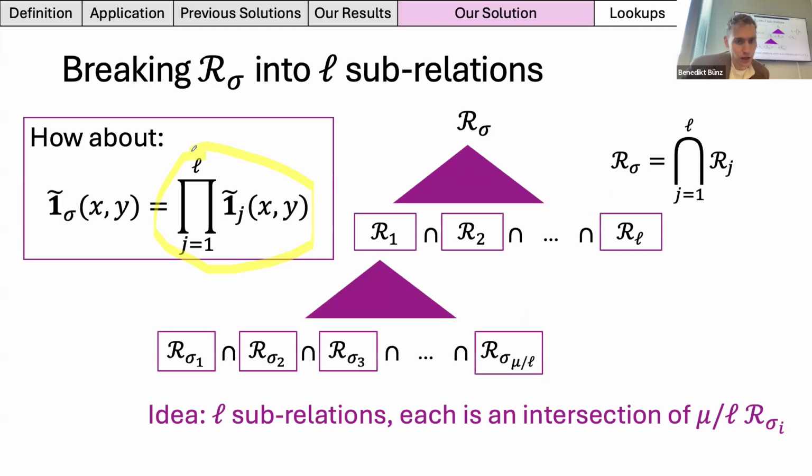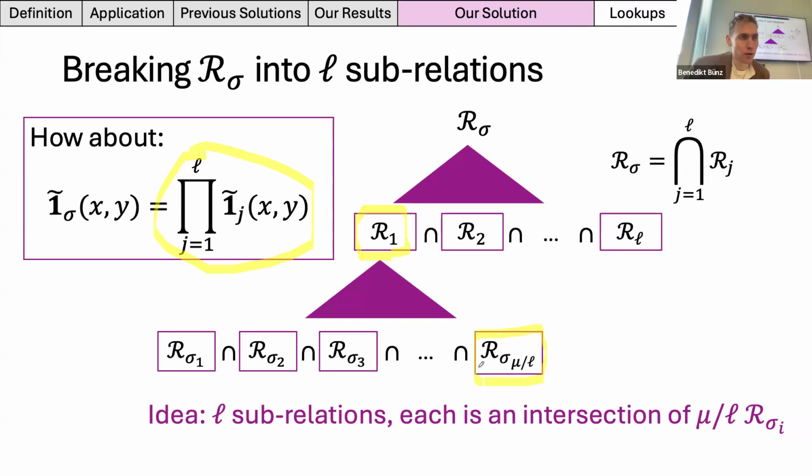Okay. And then in the second step, especially in our main result, we're going to prove that each R_i can be written again as the product of mu over L relations. In the optimal setting, I'm going to set L to be the square root of mu, which is the same as the square root of log n.